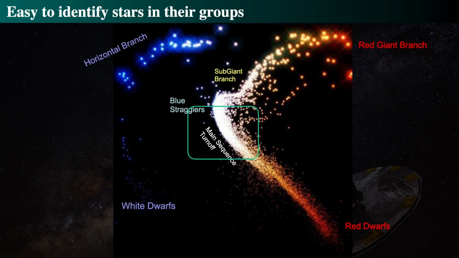Then we have a very interesting area where this line turns away, and where one line has a knee bend in it, and that's called the MSTO, or the main sequence turn off. Remember, we're talking specifically about a cluster of stars, and that is an interesting location, and that tells us a lot about the nature of stars. Then we have a different group here called the subgiant branch, or SGB, and there's something else happening in the subgiant branch.